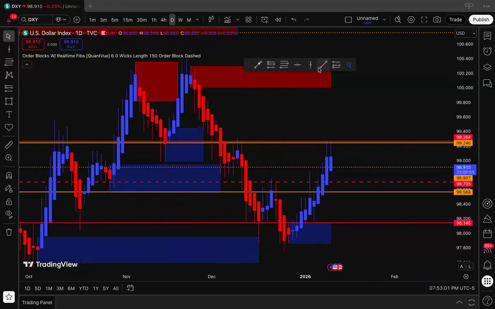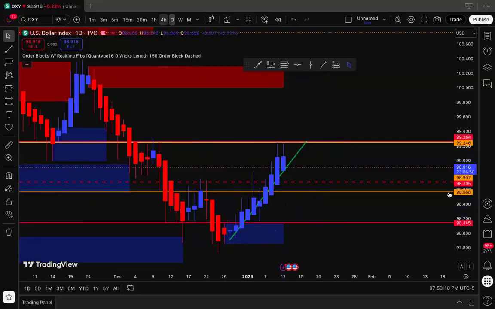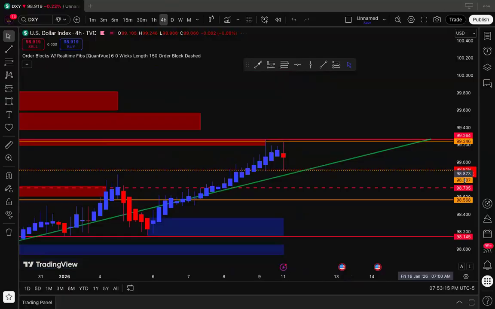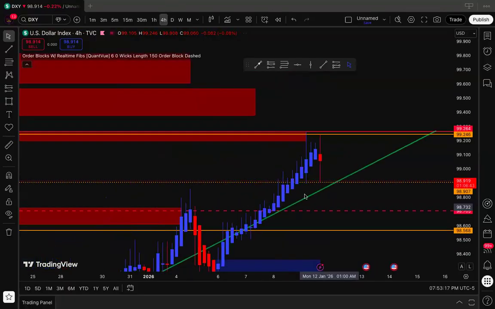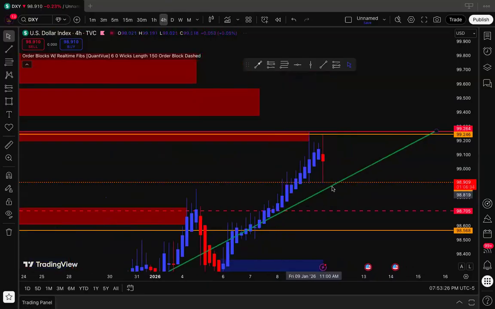The dollar index trending up. Right now, we're showing it selling on the 4-hour. That's why you see gold making new high.